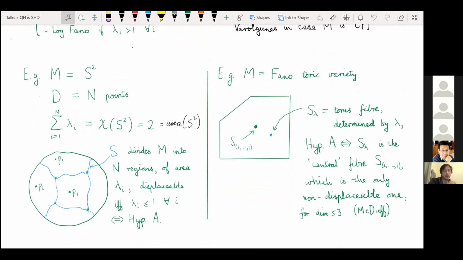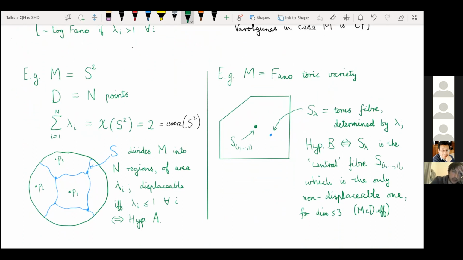Okay, so here are some examples to show you these hypotheses in action. You can take M to be the two-sphere, D to be a set of n points. Then the sum of these weights needs to be equal to the area of the two-sphere, which is 2, by the monotonicity condition.